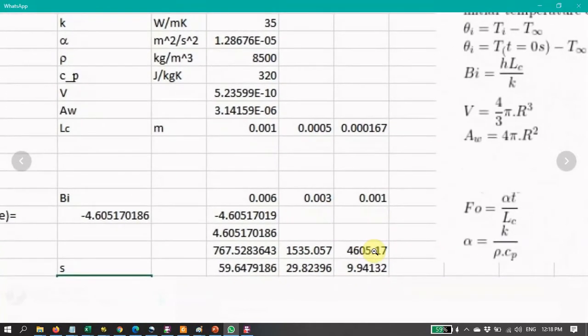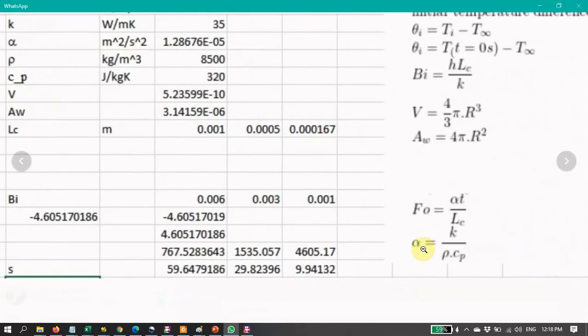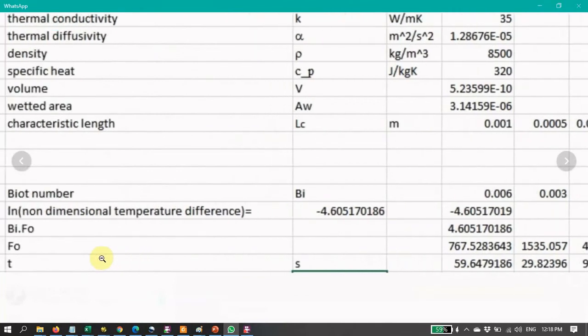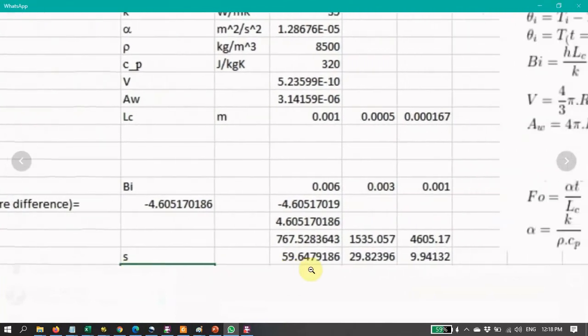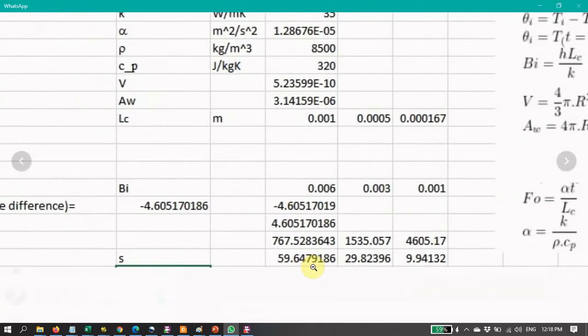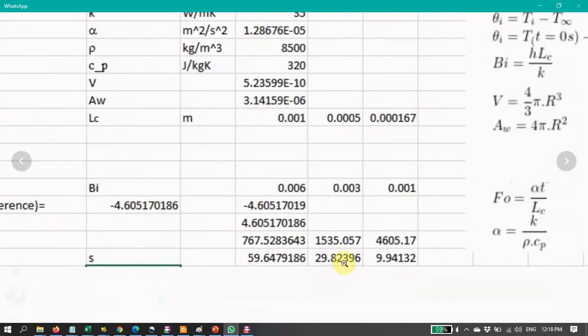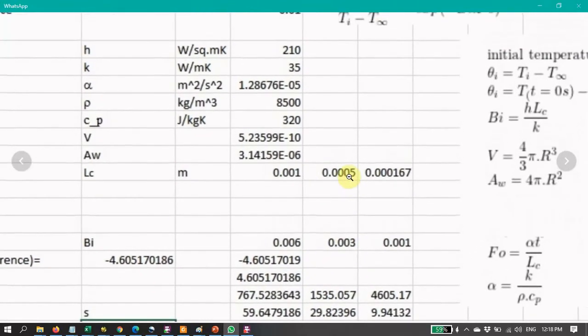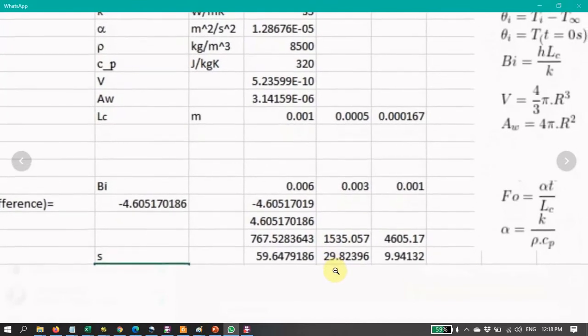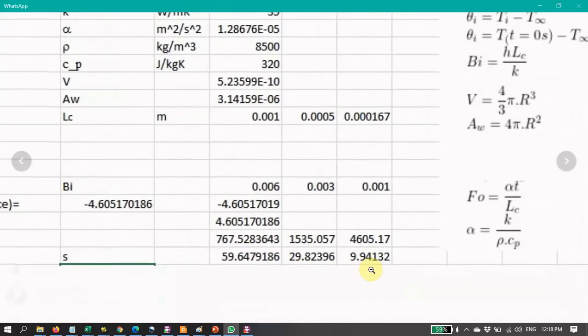From the definition of the Fourier number, we get the time required: when we base the characteristic length on the diameter, about 1 minute, and based on the radius, about 30 seconds, right? And if we base it on the ratio of volume divided by wetted area, it is about 9.9 seconds.